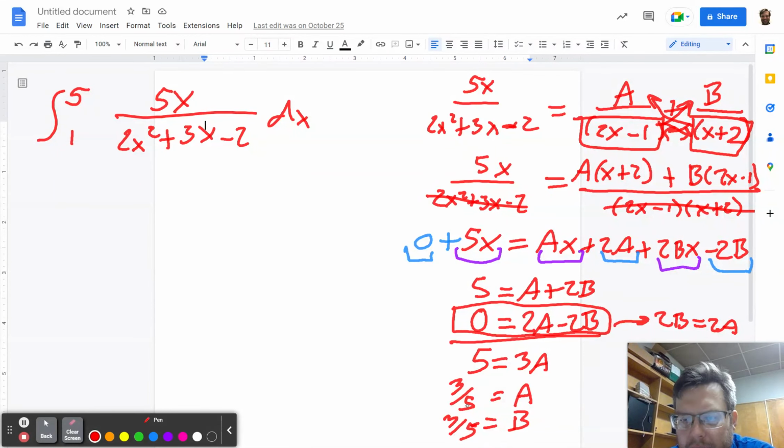I feel like I did something silly wrong here. Did I factor it correctly? Yeah. Did I do my common denominators correctly? Yeah. Oh, I see what I did wrong.